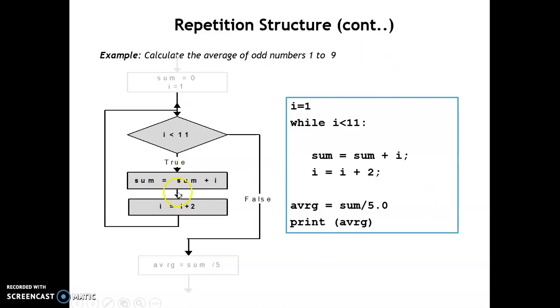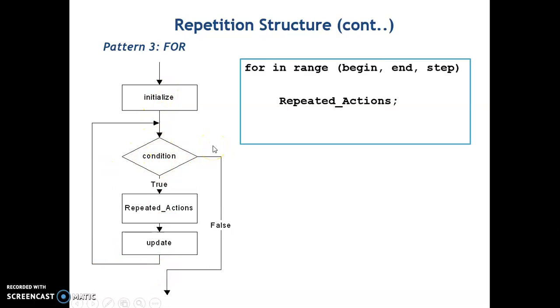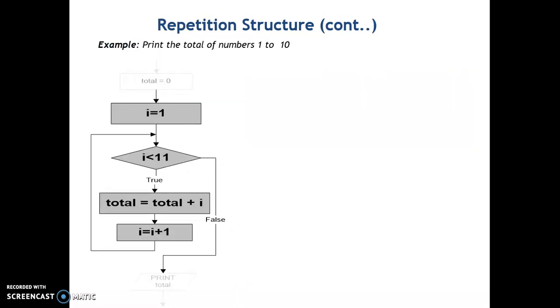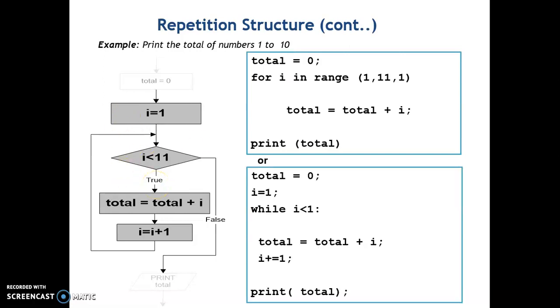Also the same: if it's true, it will go back to the loop; if it's false, it will proceed. For the for loop, you initialize, and then the condition, if true, it will repeat; if false, it will carry on. So it is the same as the while. While and for have the same flowchart. And this is another example. You can see that when true, it goes back to the top. So you can see these are all the examples.